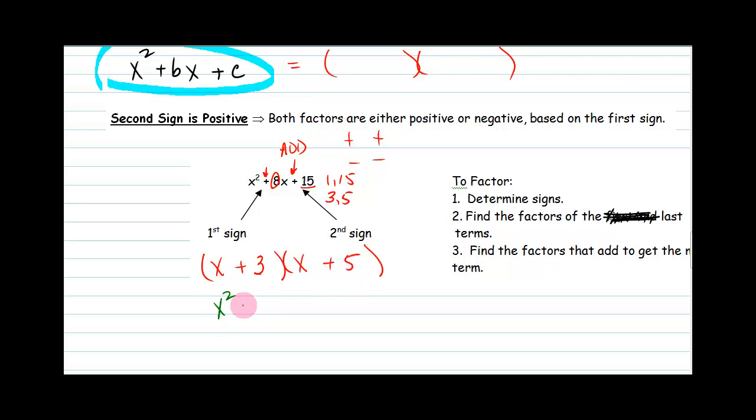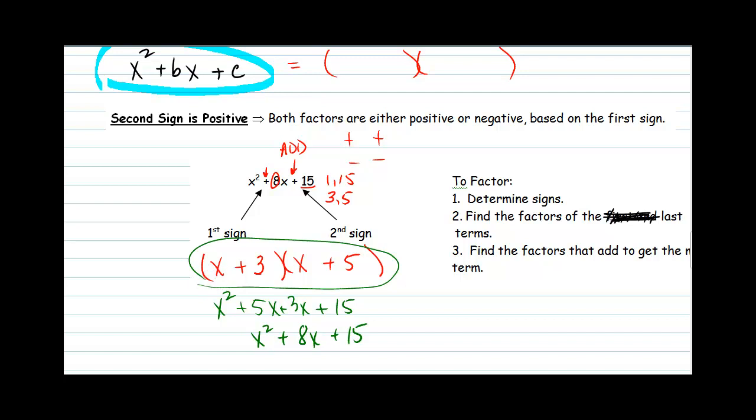Outer would be 5x. Inner is plus 3x, and the last would be 15. So x squared plus 8x plus 15, and that's what we started with. That's how you can check whether or not your answer is correct.